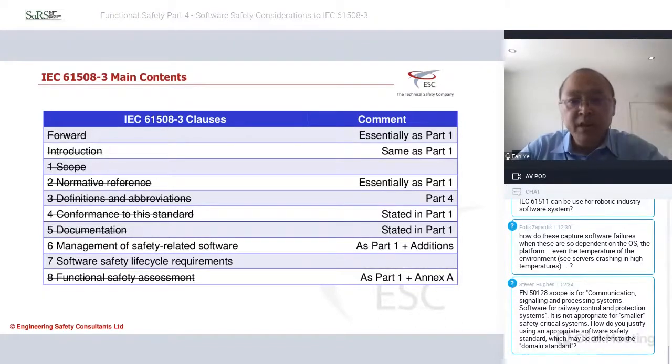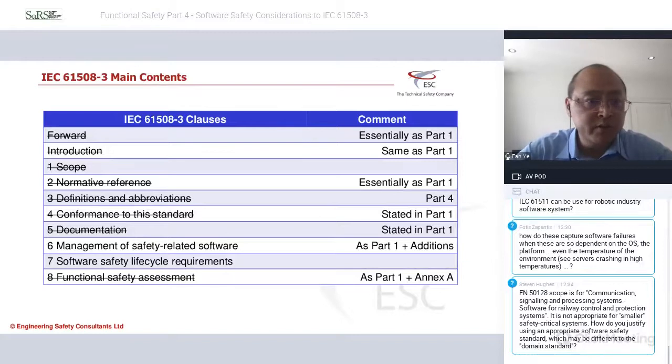Part 3 doesn't repeat the ones struck out; scope, normative references, definitions and abbreviations are just cross-references to Part 4, because that part is dedicated to the definitions, abbreviations and conformance requirements. The real requirements left in Part 3 are in clause 6 and clause 7.